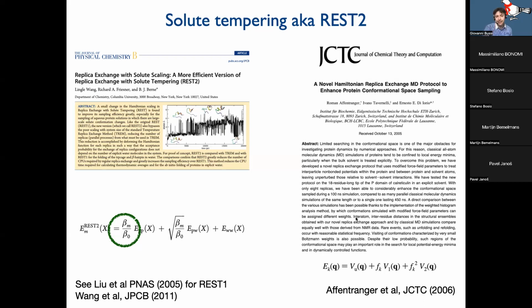The very nice idea put forward in this paper is not limiting this scaling to the full solute, but selecting a portion of the solute which is relevant. For instance, you might have a large protein with a disordered tail and you want to sample only the disordered tail. Or you have a binding pocket and you want to scale only the binding pocket and the ligand. It's a very flexible method.